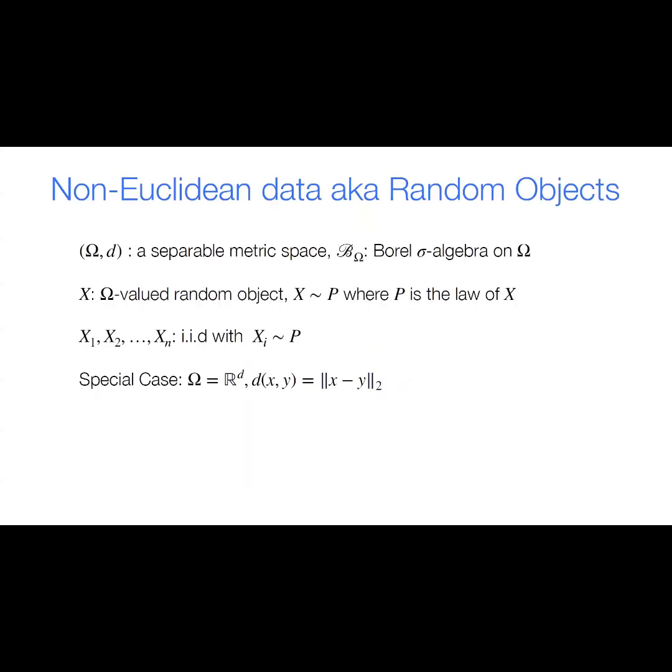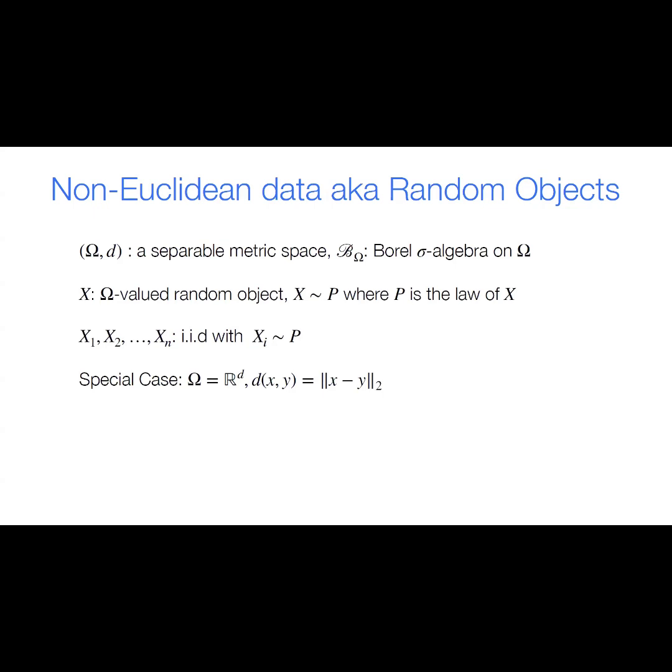Okay, just to set up the notations, non-Euclidean data, also known as random objects, are essentially metric space valued random variables. So here, (Ω, d) is a separable metric space where Ω is the space and d is the metric, and B(Ω) is the Borel sigma algebra on Ω, and X1 to Xn are IID Ω-valued random variables.